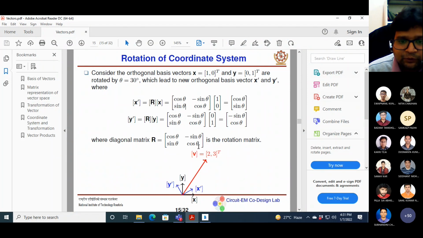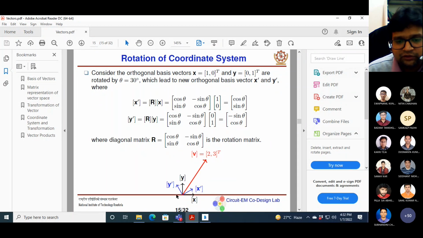For y prime, if you take the projection of y prime in the x direction, this angle is theta. The projection is minus sin theta, because it is in the negative x-axis. So this is theta and this is 90 minus theta.